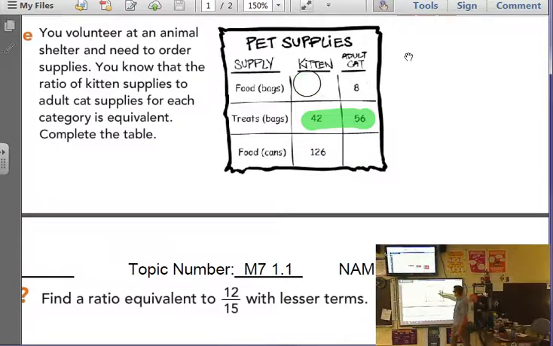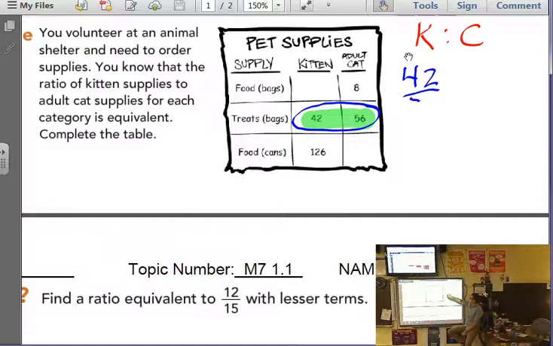So what we can first set up is kitten compared to cat. And the only value where I have both of them is my treats. So I set up kitten compared to cat, and I'm going to stack it because I feel like stacking is easier. You can set it up however you prefer.